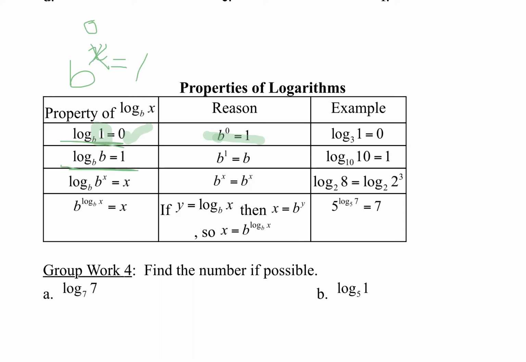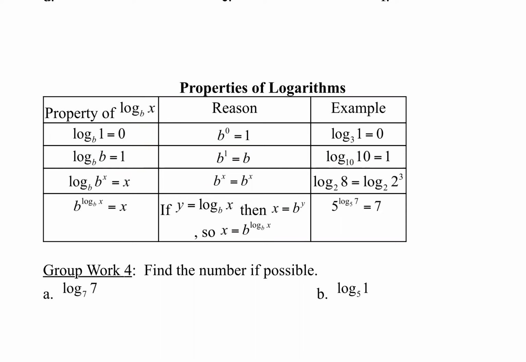The second one is this idea of the inverse. If you take a log base b of that same number b, you get out 1. So log base 10 of 10 is 1. The reason for that is b to the first power is b. So they cancel back out. Same idea down here.